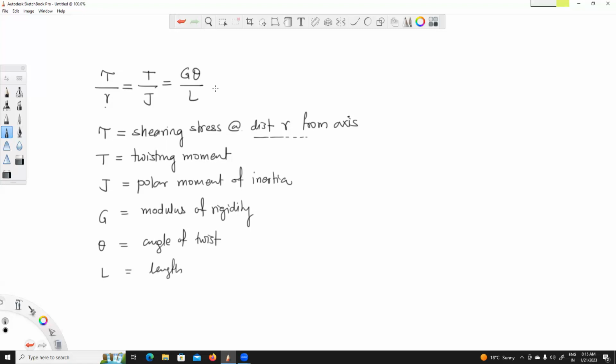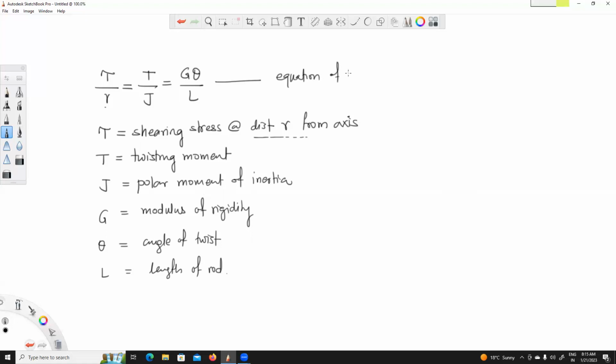This theta over L term can sometimes be written as angle of twist per unit length, so twist per length of rod. These are the meanings of these terms, and this equation is known as the equation of torsion.